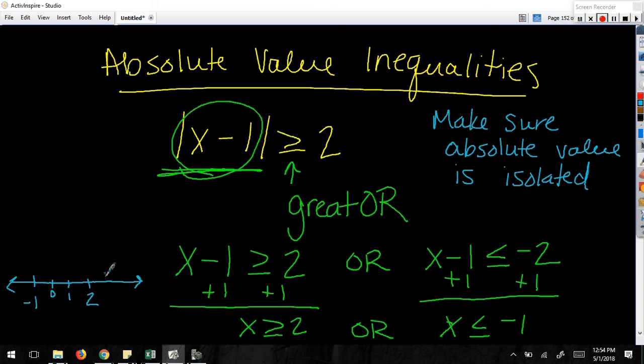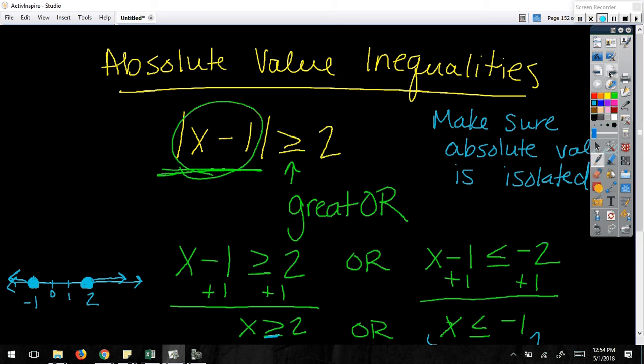Because this is inclusive, this line under here means inclusive, I'm going to put a closed dot at each one of these. If this was just greater than and just less than, it would be an open dot, not a filled-in dot. X is greater than or equal to 2, so the numbers get bigger this way, and then the numbers get smaller for the less than or equal to, to the left. So that's a greater than inequality.